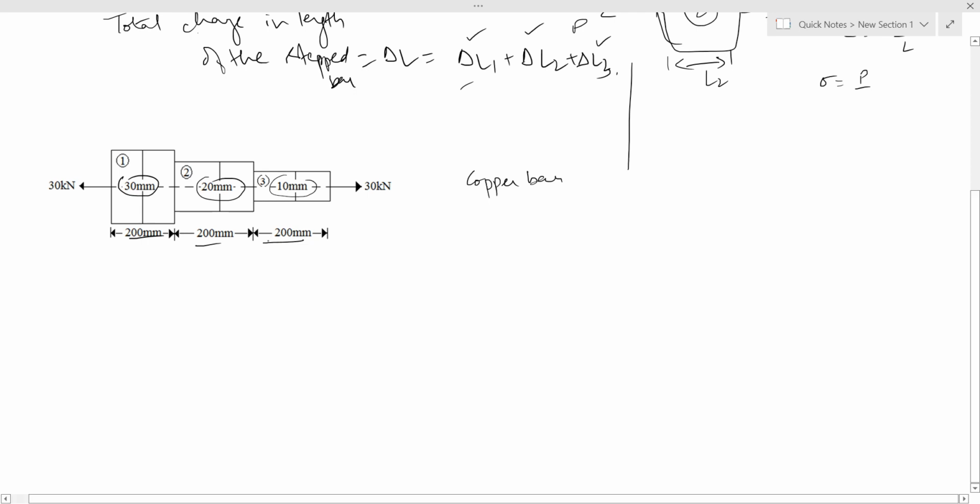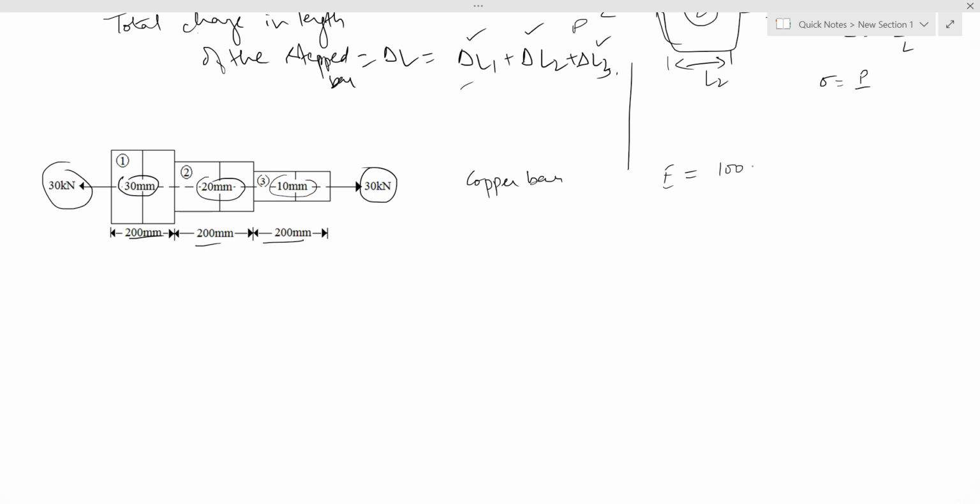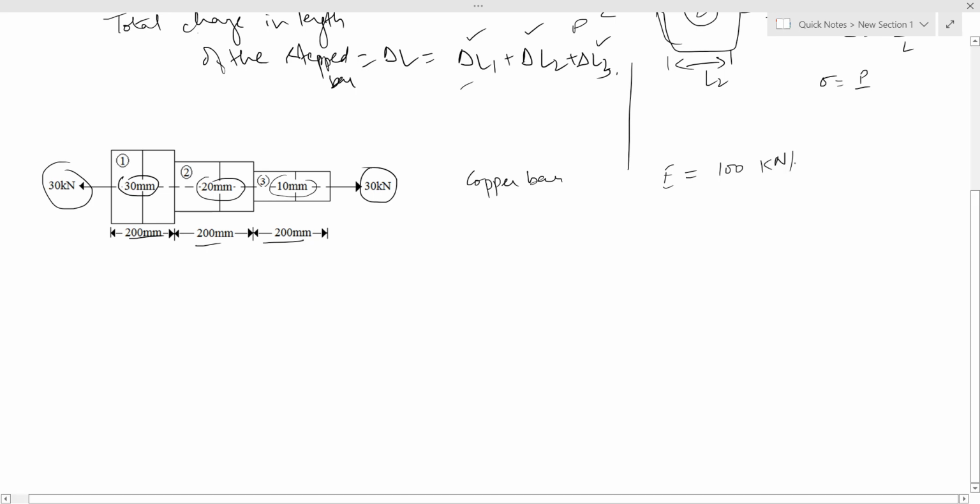And it is subjected to a tensile force of 30 kilonewton. We have to find out the total elongation of the bar, and here the modulus of elasticity or Young's modulus is given as 100 kilonewton per mm square.